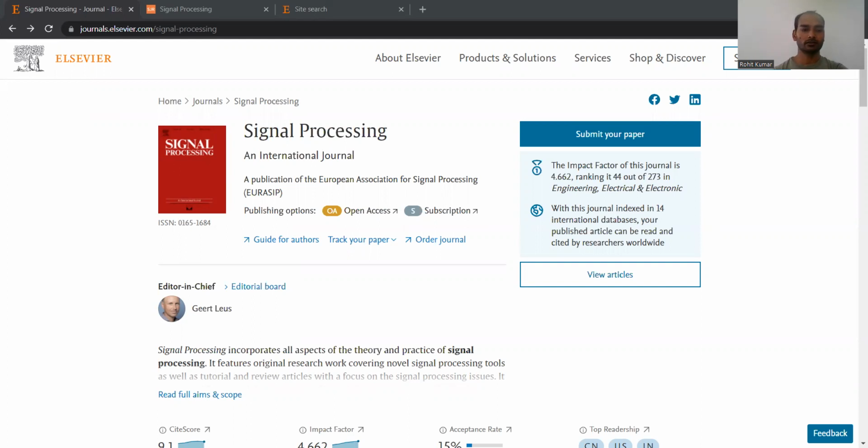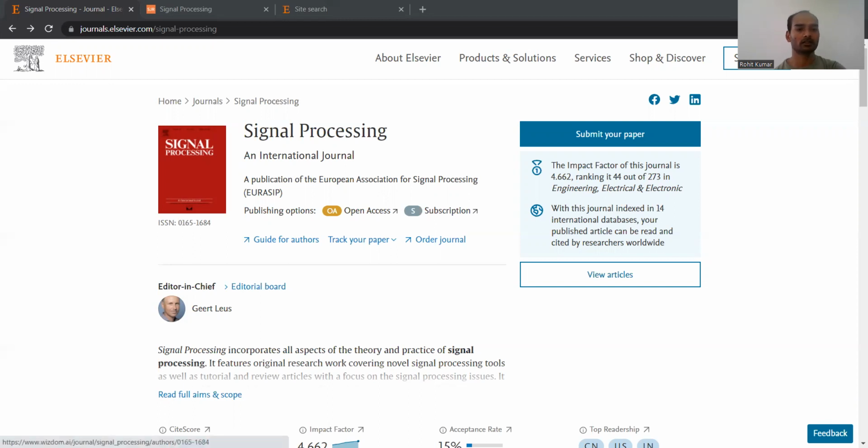Okay, so I think you must have known by now that there are so many good, research-wise well-known universities publishing their works with this journal. So you should also go if you are working in the domain of signal processing.